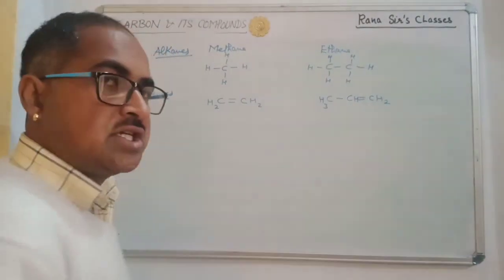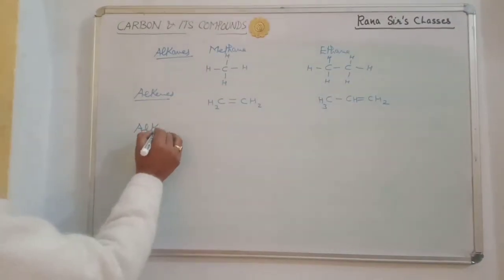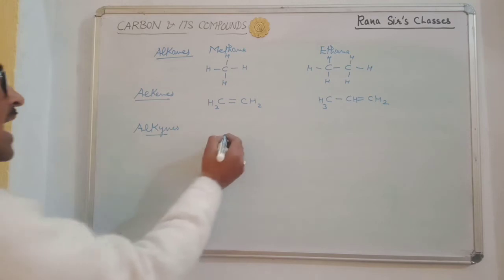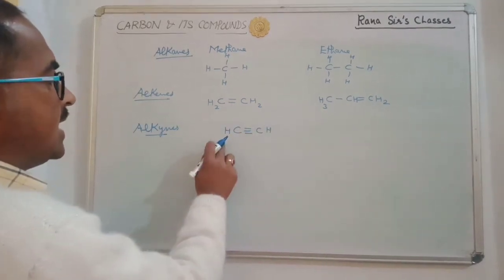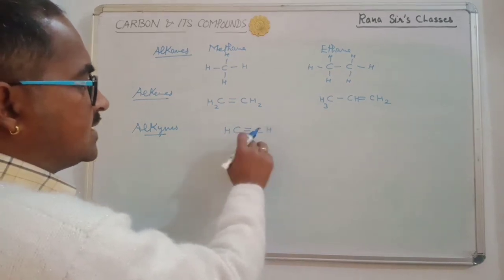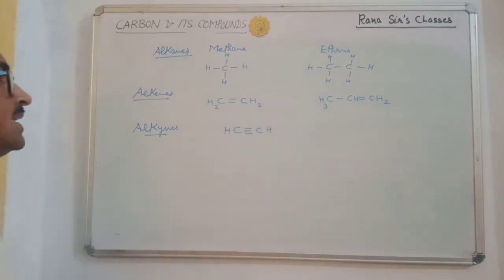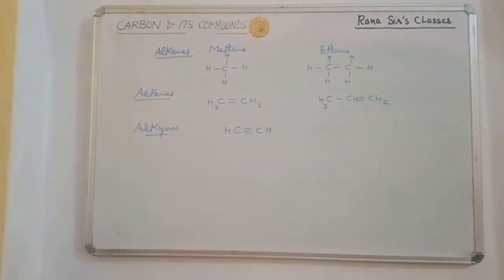Then the condition is clear. Now if we talk about alkynes, like this, one carbon, one bond, three bonds, and one more makes four. So these are the types of alkanes, alkenes and alkynes. This is how hydrocarbons are formed.